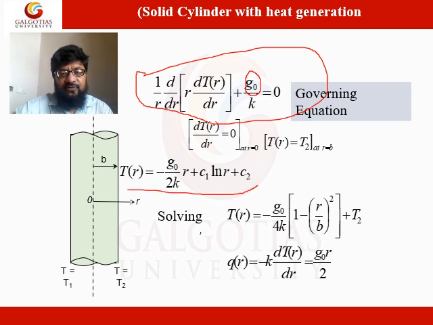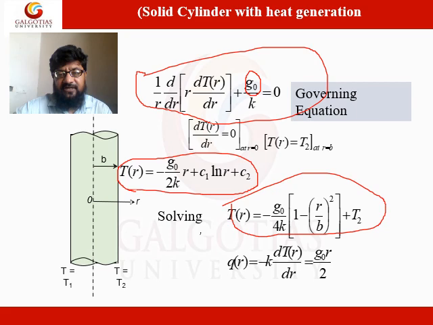So integrating twice we will get this, and applying the two boundary conditions and putting the values of C1 and C2 back into the equation, we will get the radial temperature distribution with the heat generation like this.